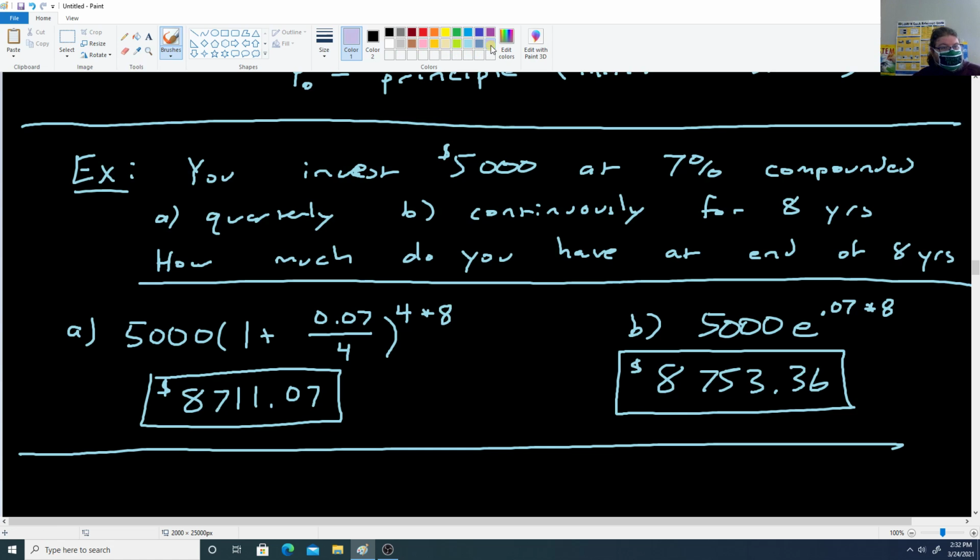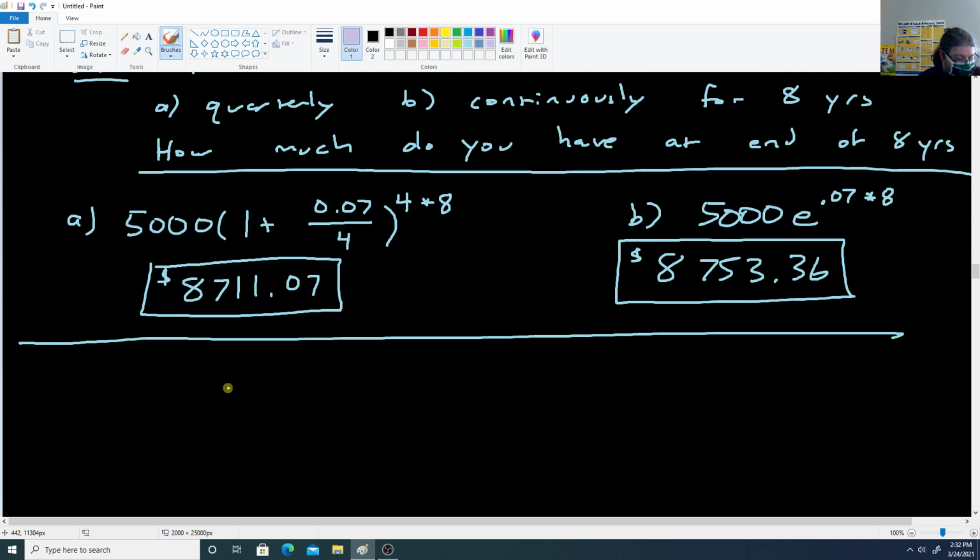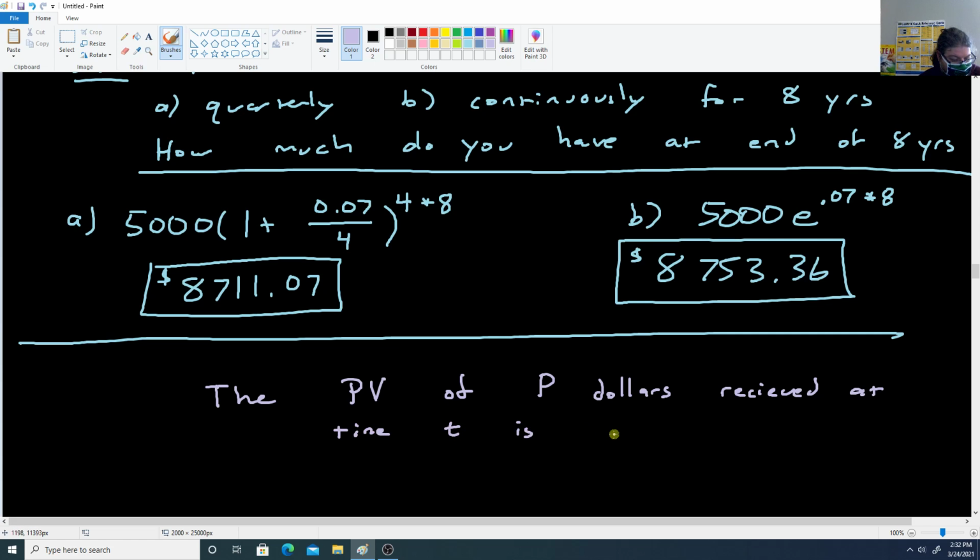So next up, we need to talk about present value versus future value. So we'll say the present value of P dollars received at time T is P e to the negative RT.